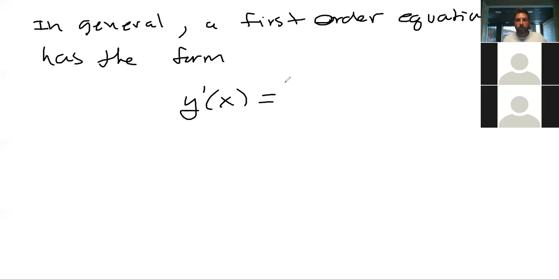We don't know what it is. It's going to be some sort of conglomerate of sines or cosines or polynomials or anything. And so what we do is we write it like this. So this is what a first order equation looks like.